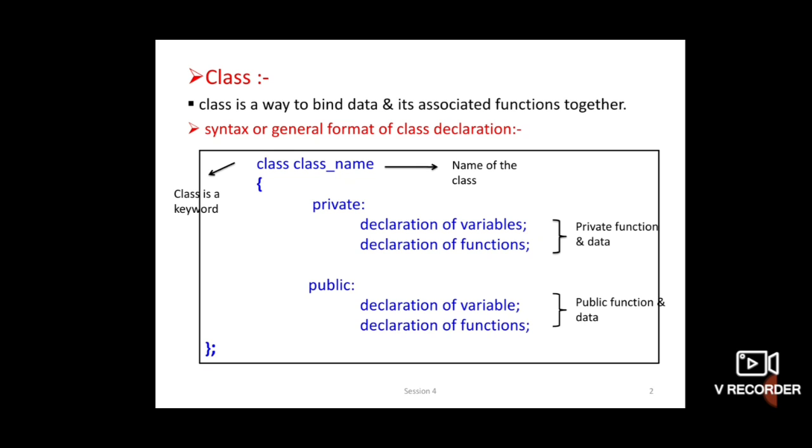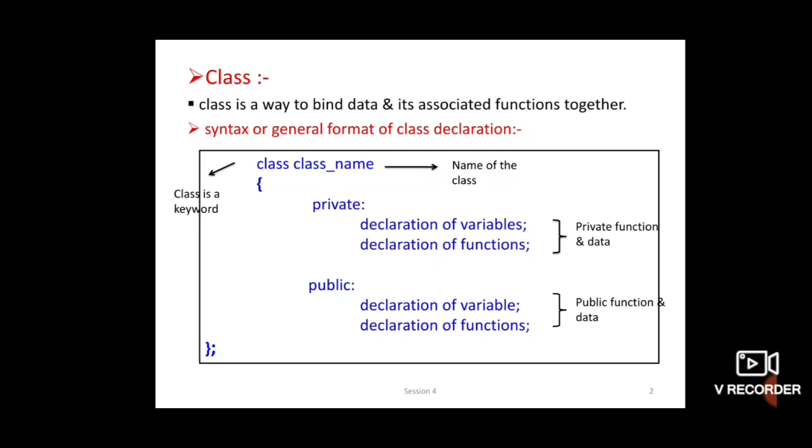So always remember, if the access specifier is missing, the compiler takes the data as private by default. One thing to always remember: if a class is declared, then functions are declared under the public access specifier. Understood? General format of class declaration.